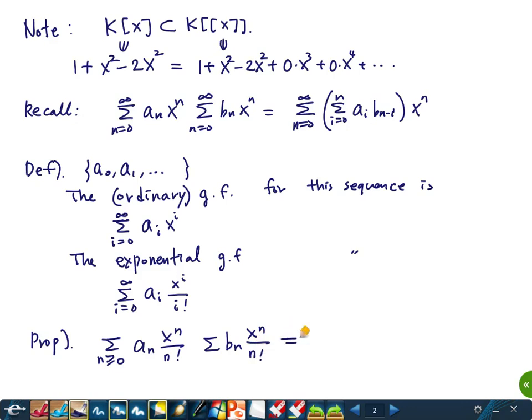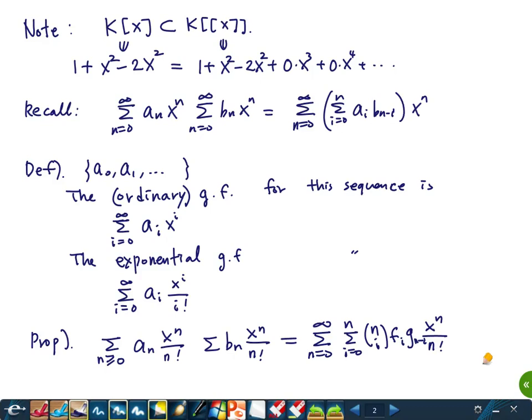This can be multiplied in this way. Again, here we have x to the n, exponential generating function. The coefficient is going to be like this: n choose i, f i, g n minus i. Okay. Proof is quite straightforward, so I'll just leave it to you.